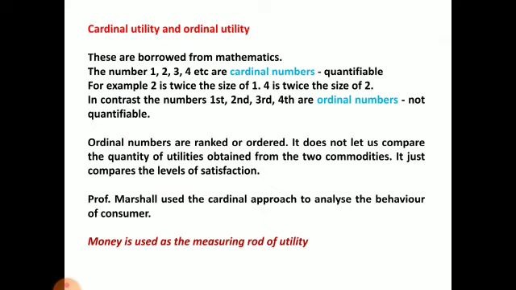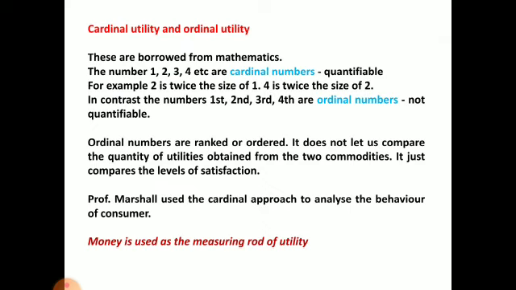Now let's look into the two concepts, namely cardinal utility and ordinal utility. In economics, quite often, the use of two terms, that is cardinal utility and ordinal utility, is made to explain the behavior of consumers through different approaches. The terms cardinal and ordinal are borrowed from mathematics.